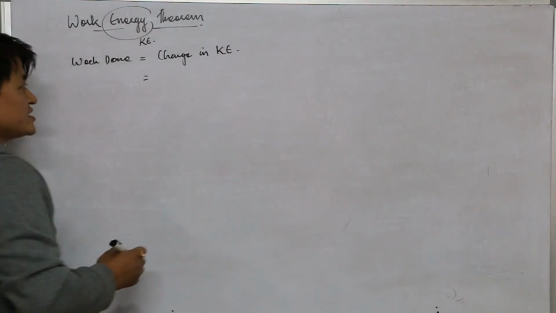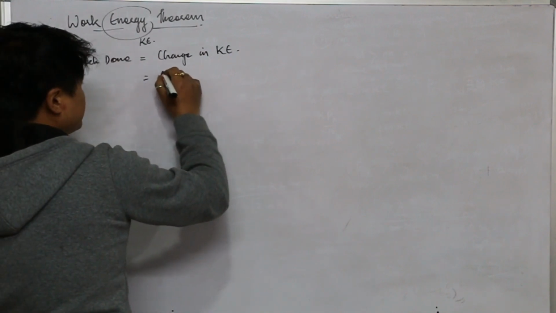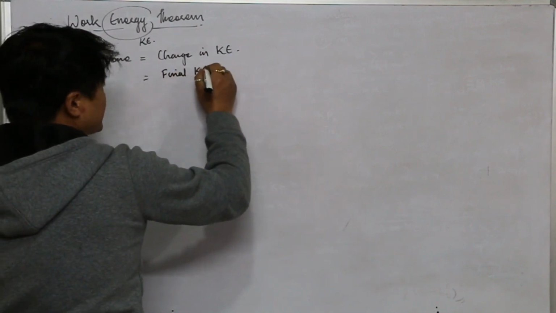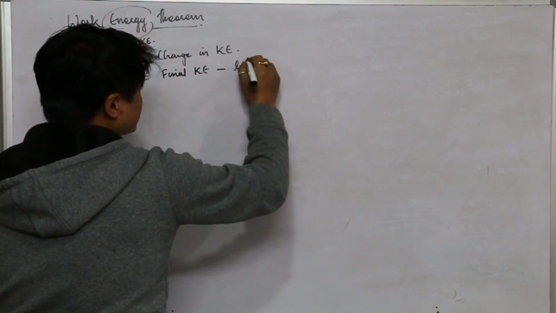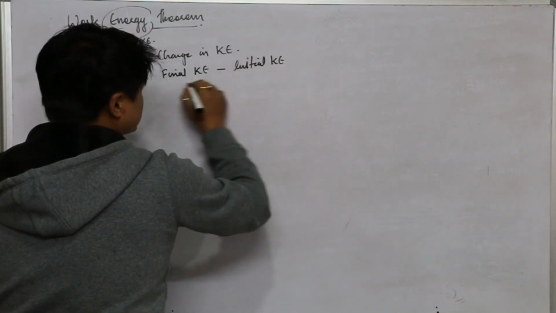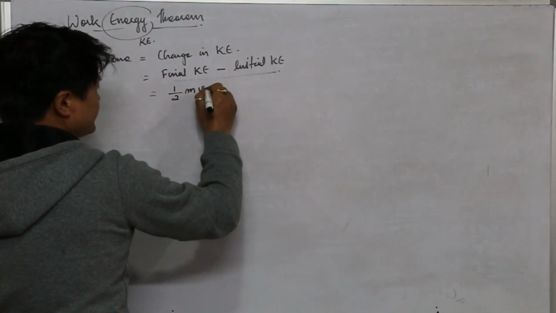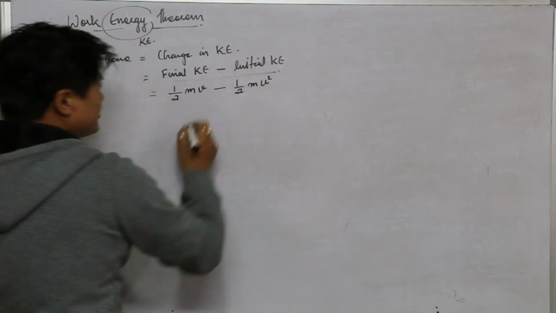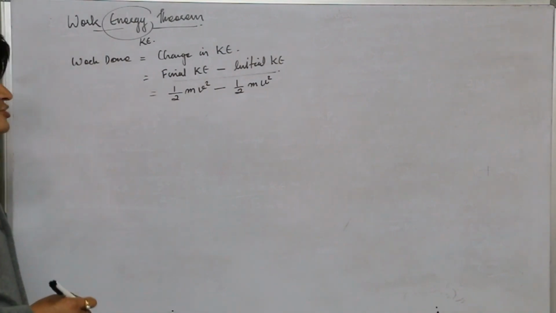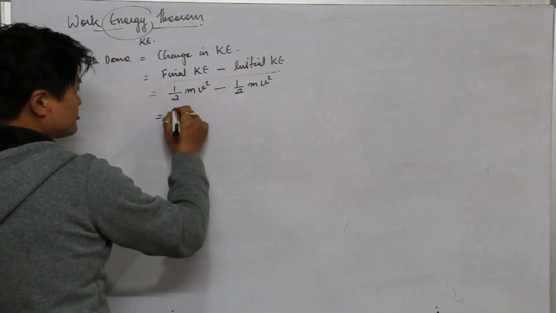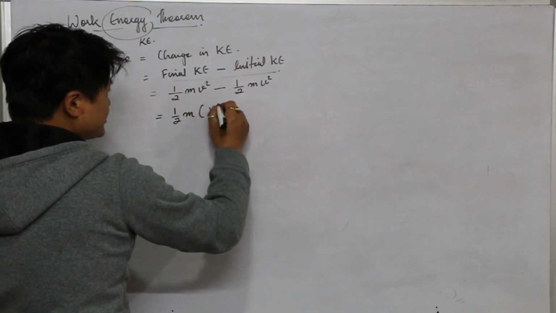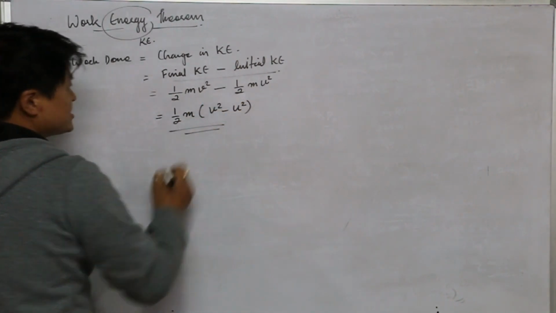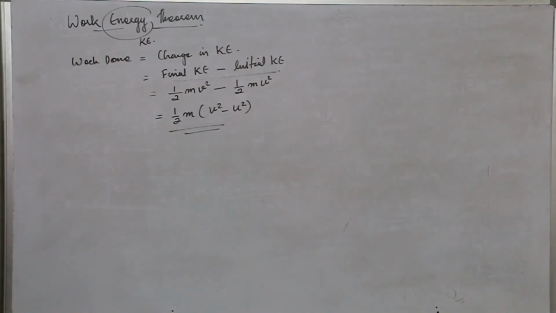So change in kinetic energy is the final kinetic energy minus the initial kinetic energy, half m v square minus half m u square, where u is the initial velocity and v is the final velocity. This will give you half m into v square minus u square. This is the change in kinetic energy. So the work energy theorem is nothing but: work done is equal to change in kinetic energy.